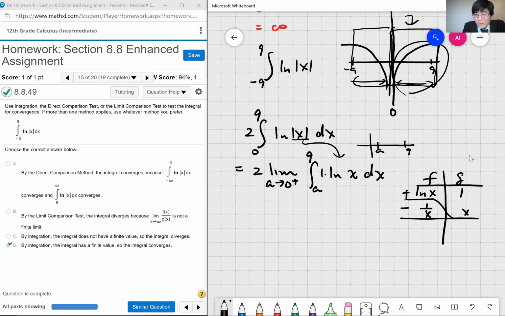So after you do that, it's going to be x times ln x minus the integral of 1 over x times x dx, and that is equal to x ln x minus the integral of 1, which becomes x. It's good to memorize the integral of ln x because we're going to use it quite frequently.